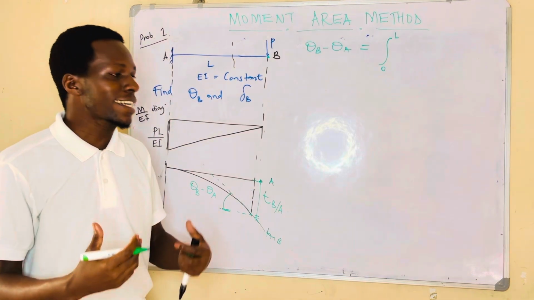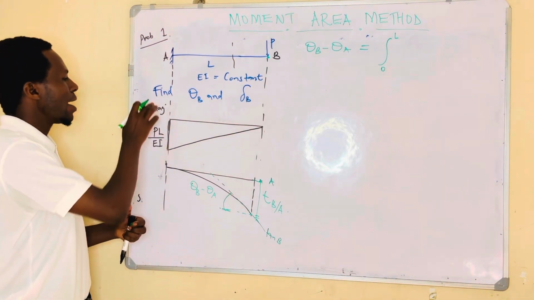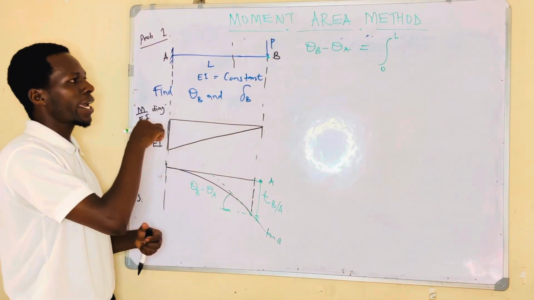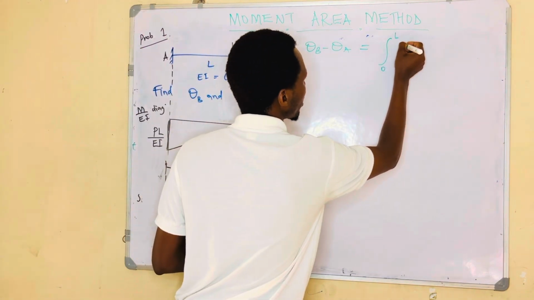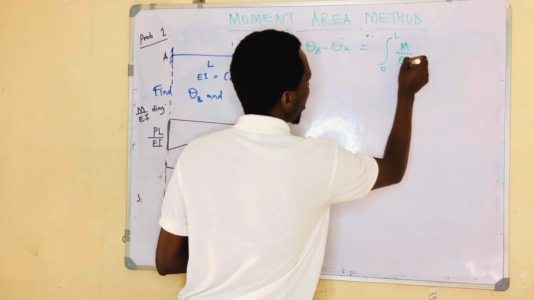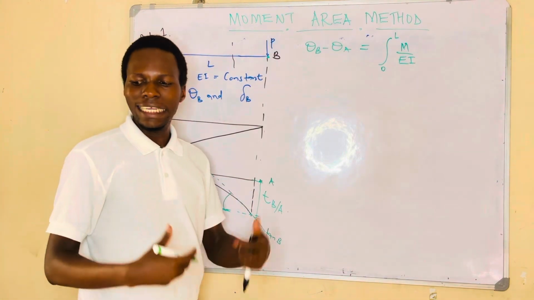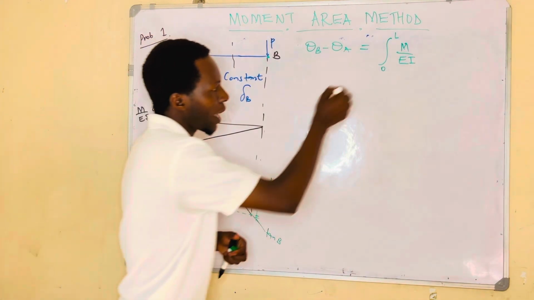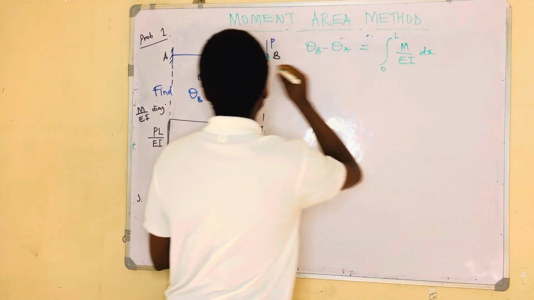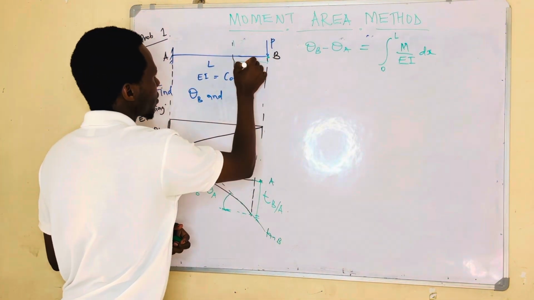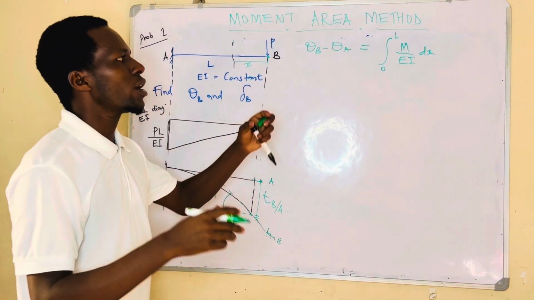What are we integrating? The M by EI. We are integrating with respect to x, so dx. If you take a section here, this is x. So this is what we have.